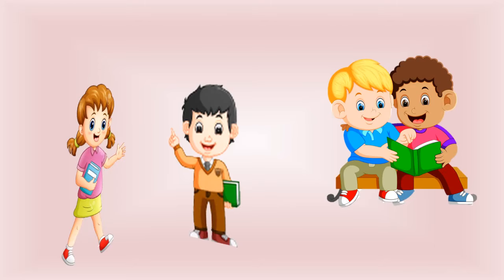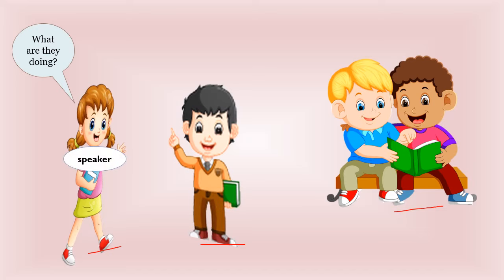Now children, I'll make the three different kinds of personal pronoun clearer. Now see here on the screen. You can see three groups: 1, 2 and 3. Let's talk about first person pronoun. First person pronoun is the person who is speaking, the speaker. Here this girl is speaking. She is asking.